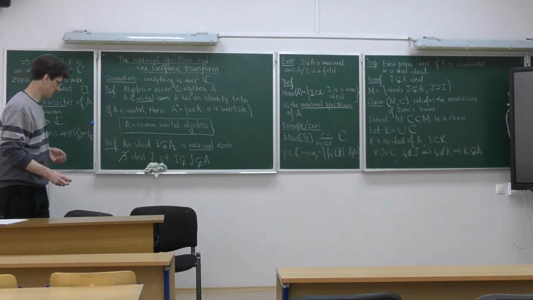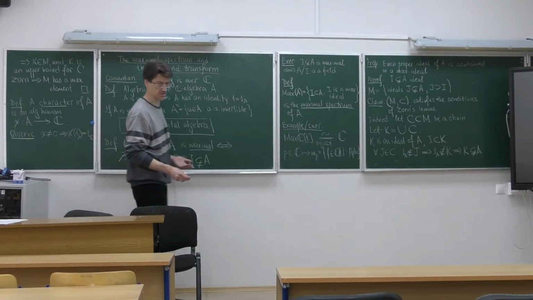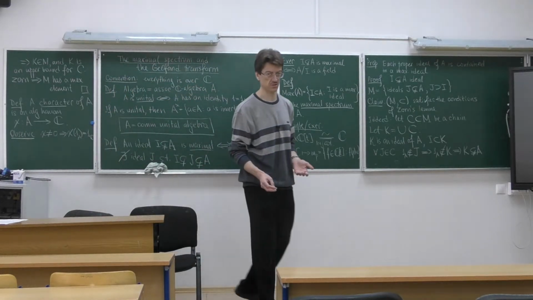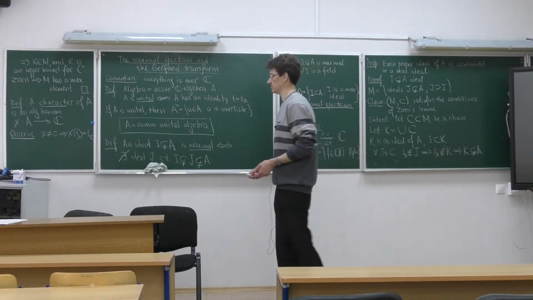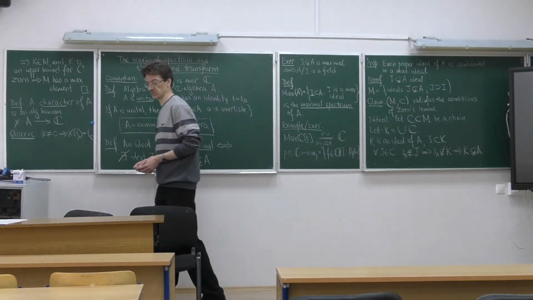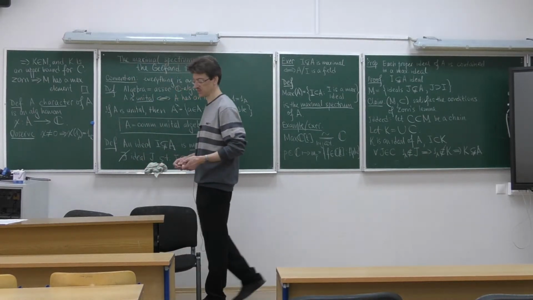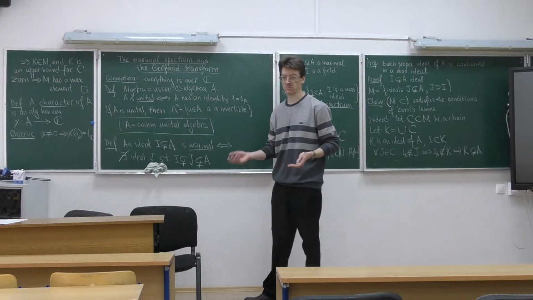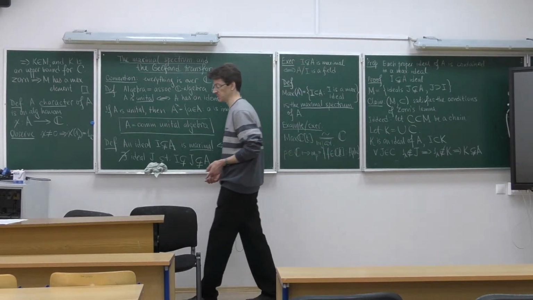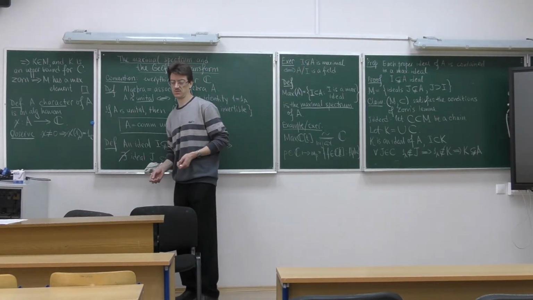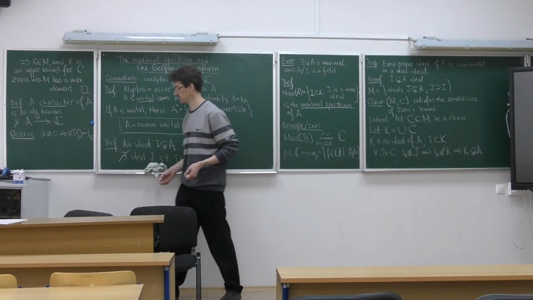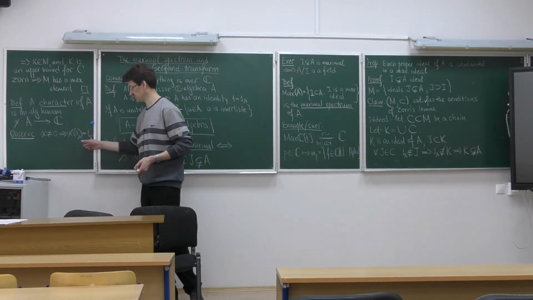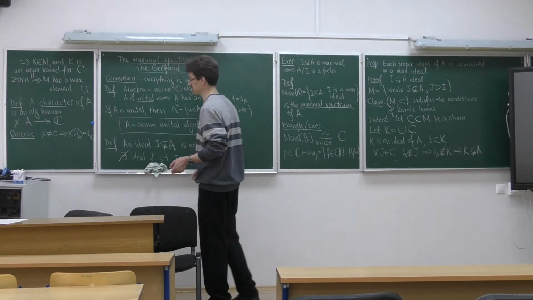Indeed, if chi is non-zero, then it is surjective, because it is a linear functional. A non-zero linear functional is surjective, and it's elementary to show that if you have a surjective homomorphism between unital algebras, then this homomorphism preserves the identity.